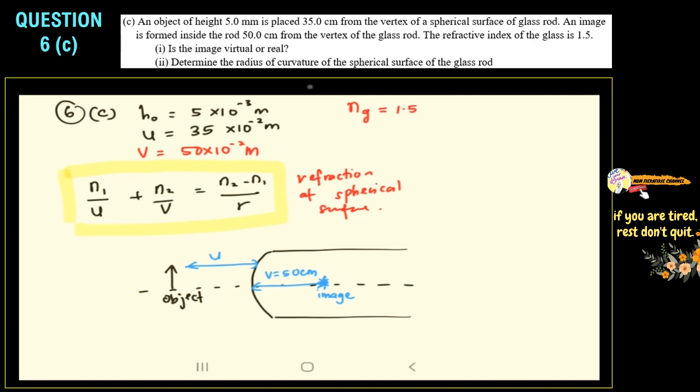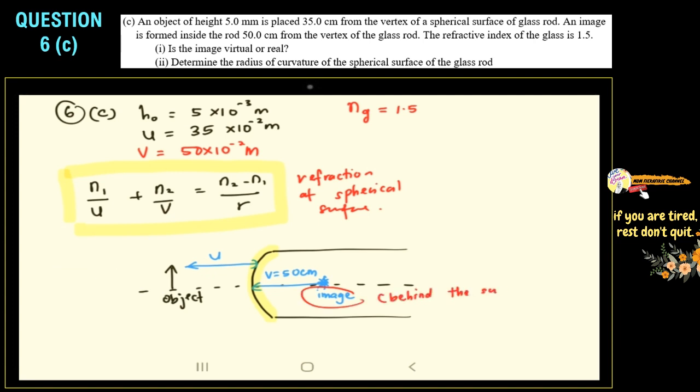Okay, is the image virtual or real? Alright, so look here, the question already tells us that the image is inside the rod and it is behind the surface. So for a spherical surface, we consider the characteristics to follow those of a lens. So now the image is behind the surface.